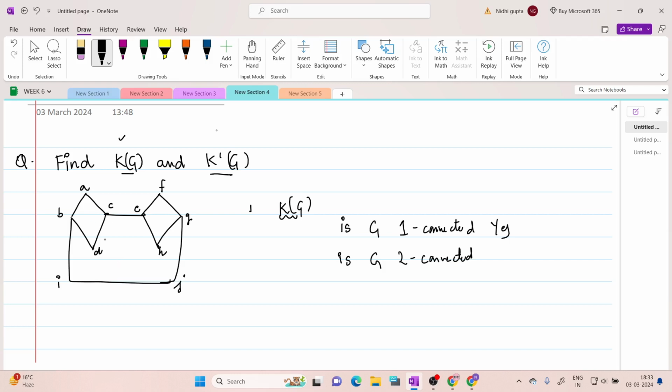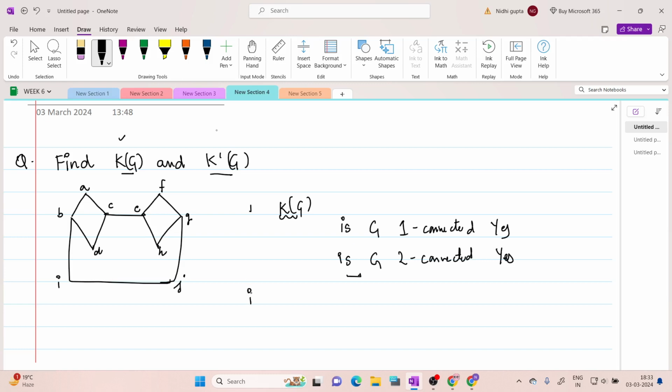If you pick any two points in this graph, those two points will be contained in a cycle. Since this is two connected, you can use one of the equivalent definitions, like any two vertices are contained in a cycle, therefore it is two connected.